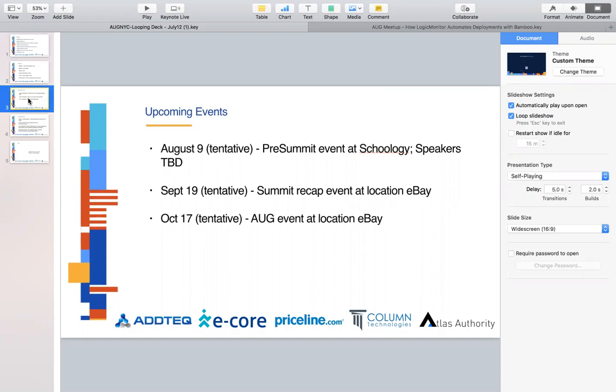That's usually a pretty popular event; our Christmas event and the pre-summit event usually get our highest attendance. So we don't know who our speakers are yet. We're kind of pressuring Atlassian for that, and we're trying to get those speakers as soon as possible. As soon as we do get the speakers, you'll get the email about that.